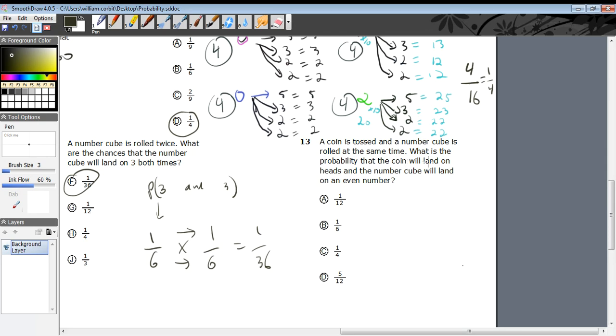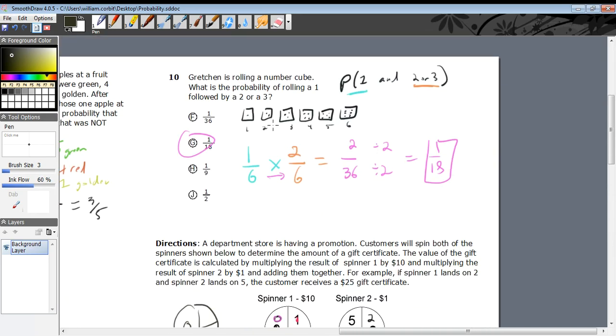Okay, a coin is tossed and a number cube is rolled at the same time. What is the probability that the coin will land on heads and the number cube will land on an even number? So the probability of getting a heads, there's 2 sides and 1 heads, and an even number. So if we look up here, it can be 2, 4, or 6.